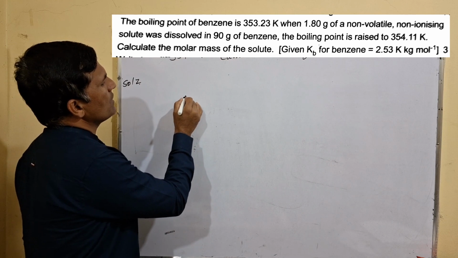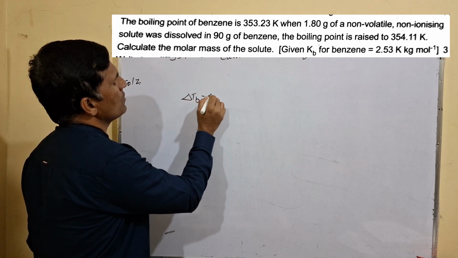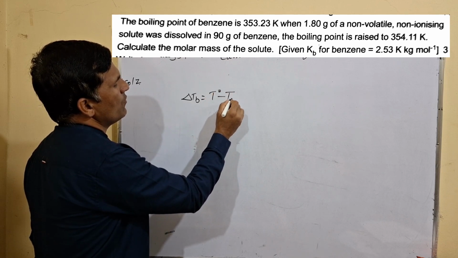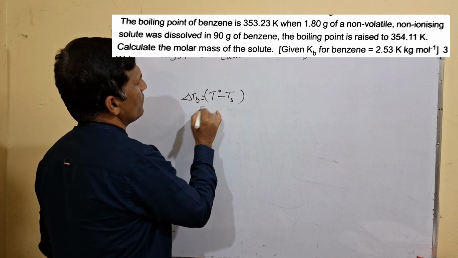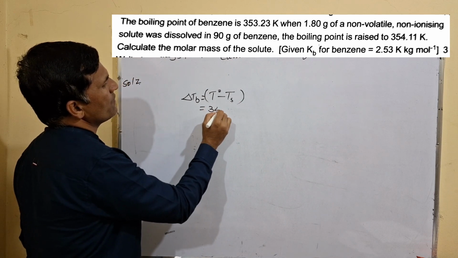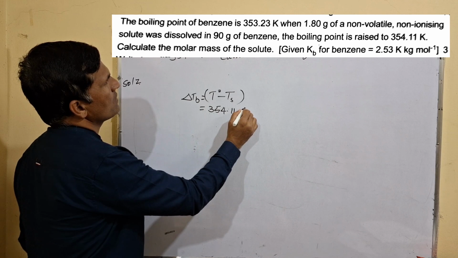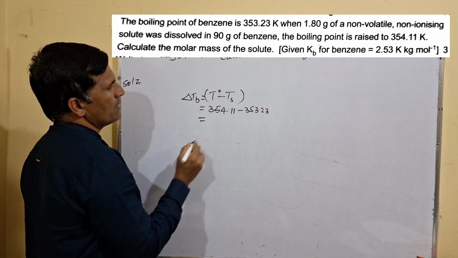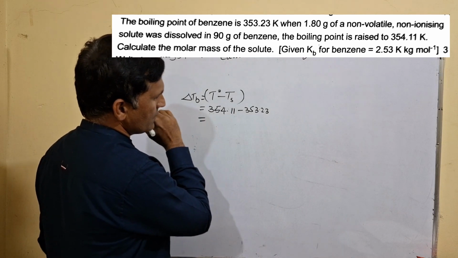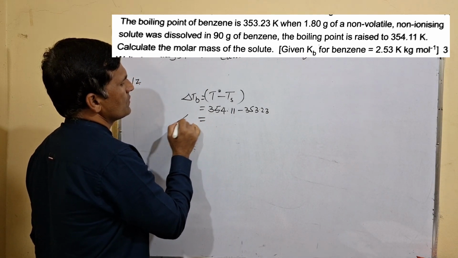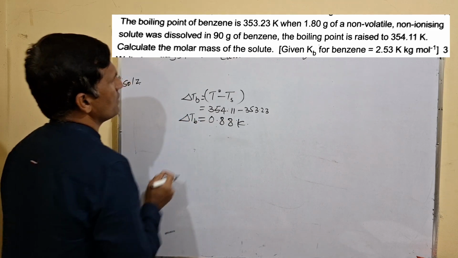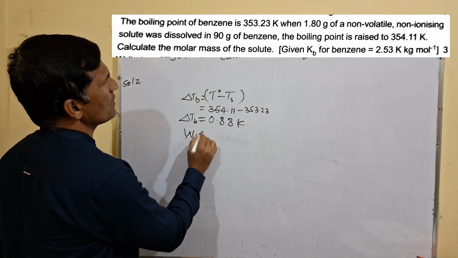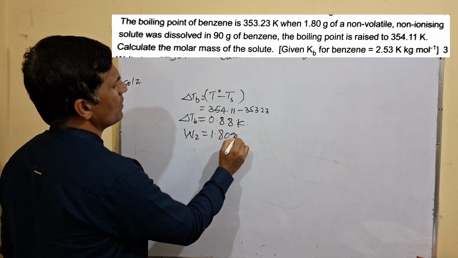So what you have to do, see here, delta TB is equal to the boiling point of the solution minus the boiling point of the pure solvent. So the values given are 354.11 minus 353.23. Then what is given: W2 is equal to 1.80 grams.